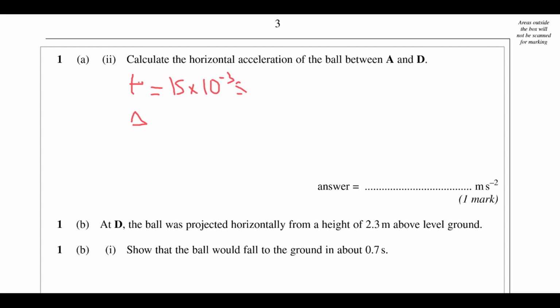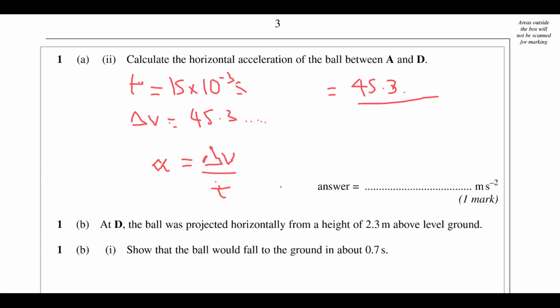The change in velocity is 45.3 and so on. Assuming acceleration is a constant value, we can calculate it using delta V over T. So that's going to be 45.3 and so on divided by 0.015, and that comes out with a value of about 3022.